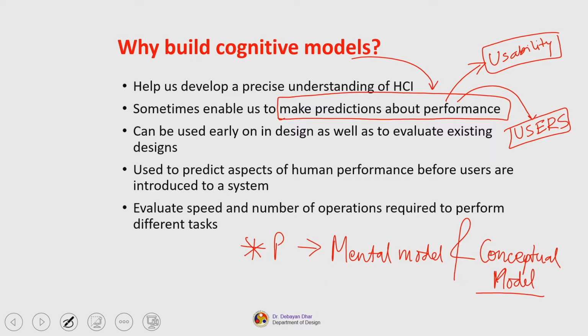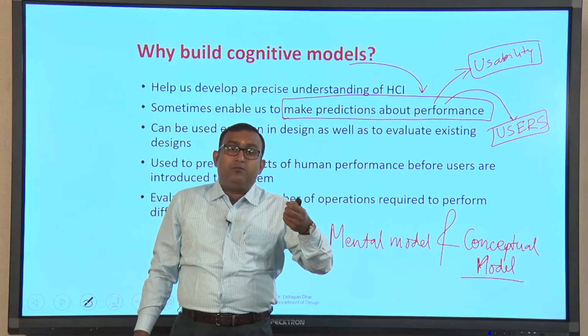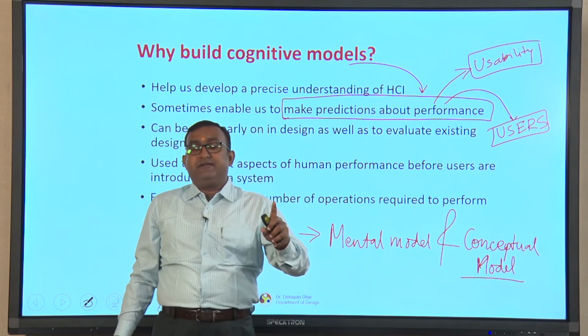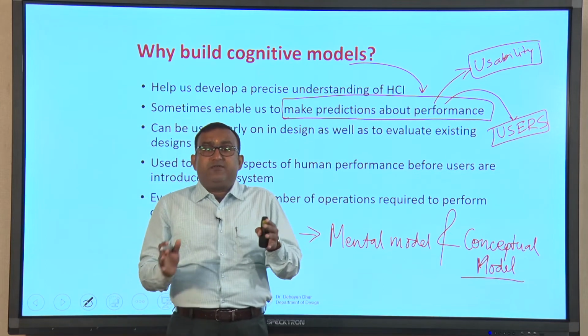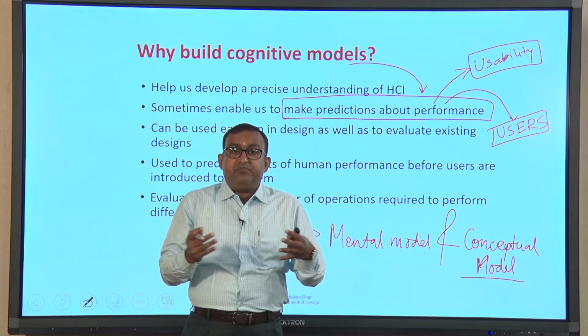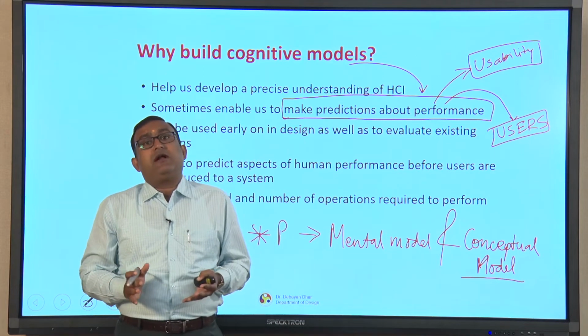If you refer to the discussions that we had earlier, you would understand that the conceptual model of the product would support performance, in an endeavor to increase it, if the mental model and the conceptual model of the product match.